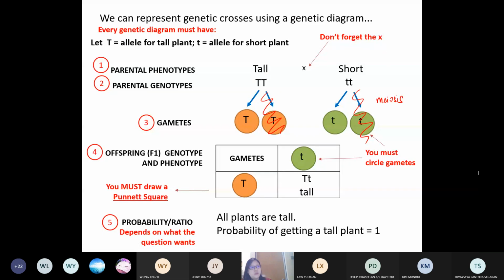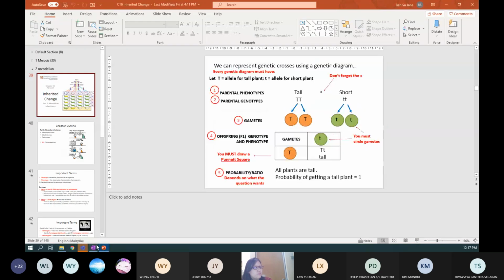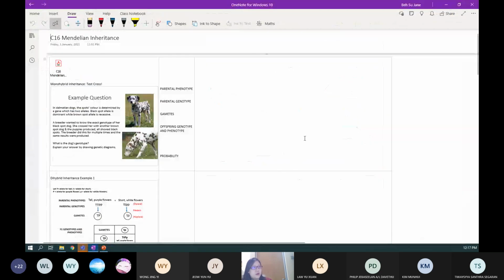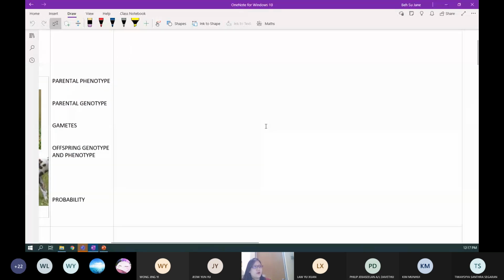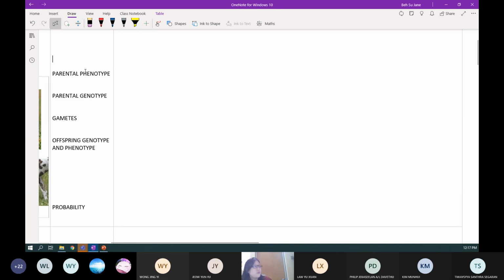Now, I'm not going to talk about F2 yet, this is the filial one, F1 generation. But what I want you to do is take a paper, because we're going to do quite a few practices together. I need you to write this at the side. Make sure there's enough space for the offspring genotype and phenotype here.